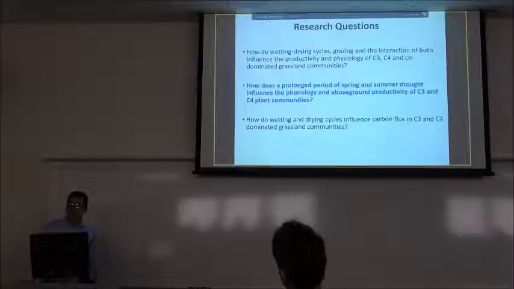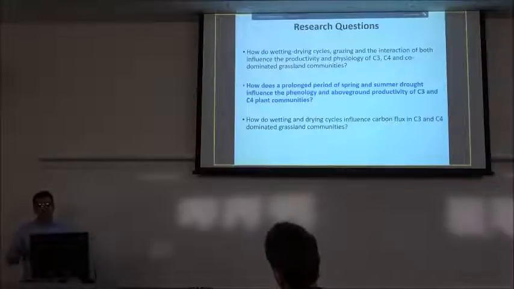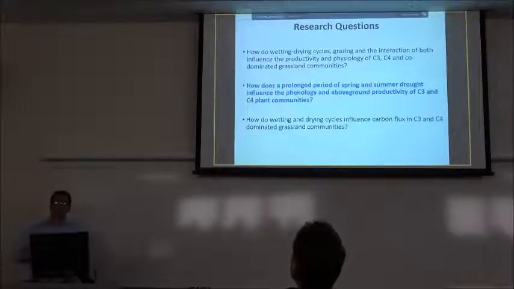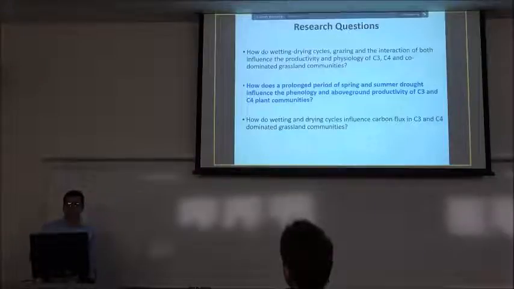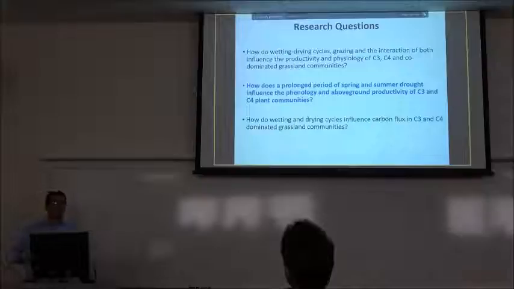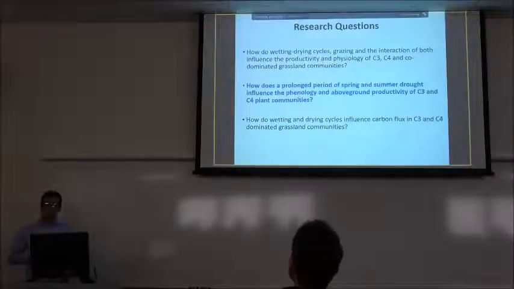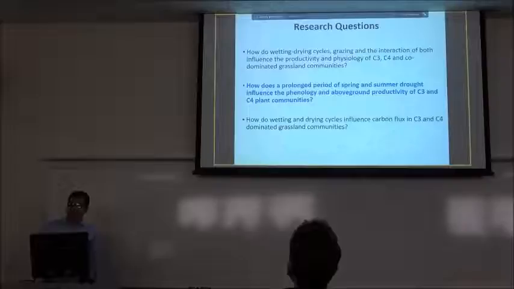Here the hypothesis behind this question is that the C3 plants start their growth early in the season, because of which we believe that C3 dominated grassland species will be particularly sensitive towards spring drought, whereas since the C4 grasses start their growth later in the season, probably in the late spring or early in the summer, we believe they will be more sensitive towards summer precipitation or summer drought.